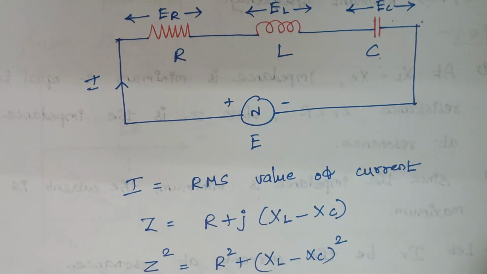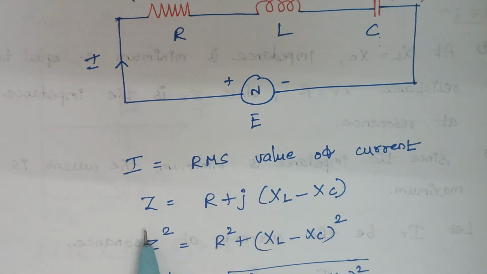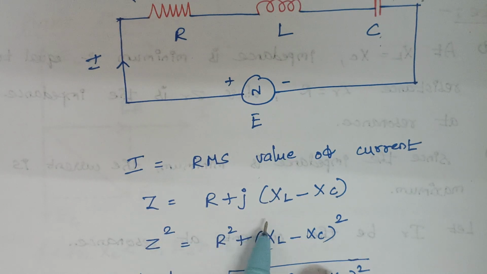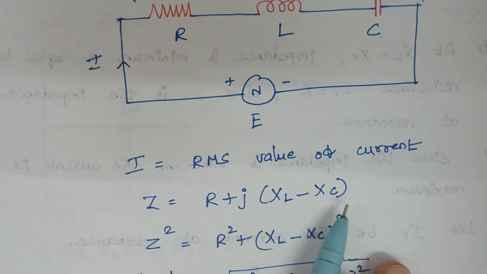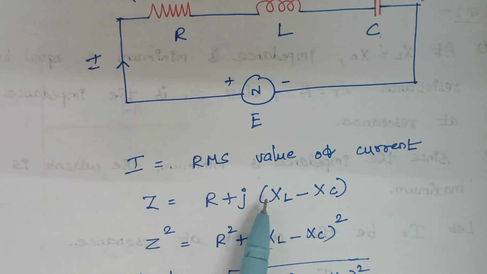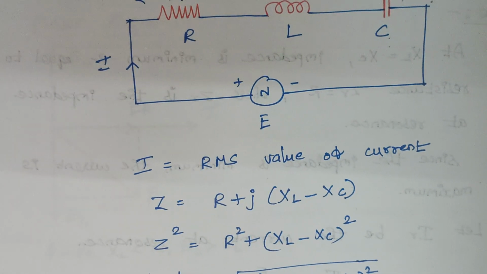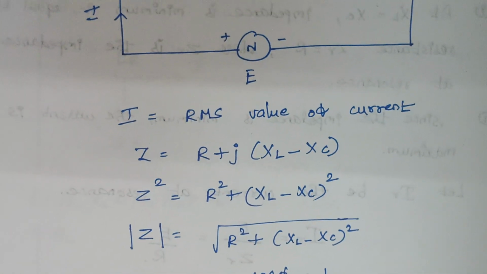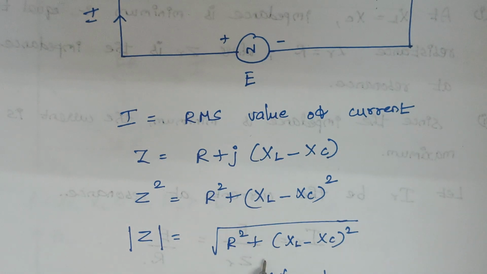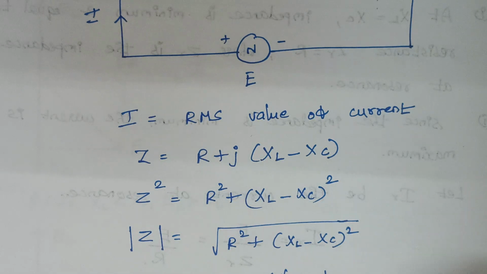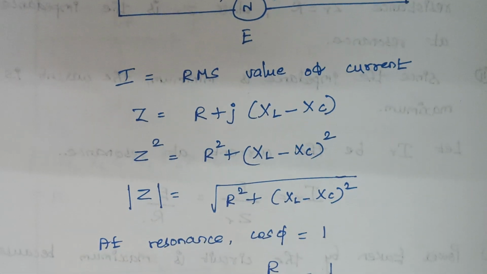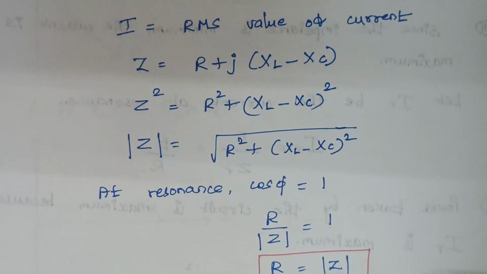Here the value of impedance is given as R plus j into XL minus XC. When you square on both sides, that gives Z square is equal to R square plus XL minus XC the whole square. And Z is the square root of R square plus XL minus XC the whole square.